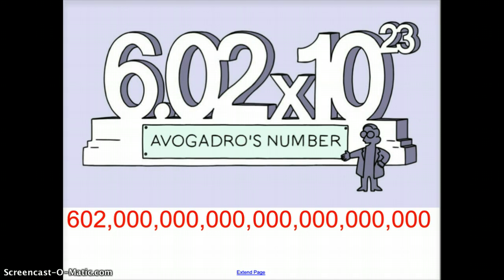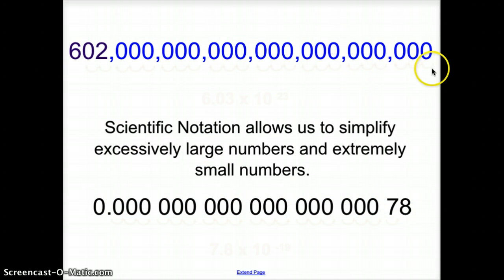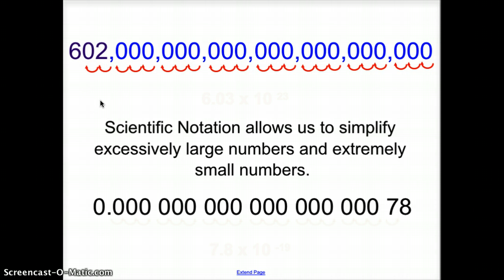Now, how do we do that? Well, basically, we start where the decimal would be, which is at the right end of the number, and we start moving that decimal. So we move it 1, 2, 3, 6, 9, 12, 15, 18, 21, and then 23 times.